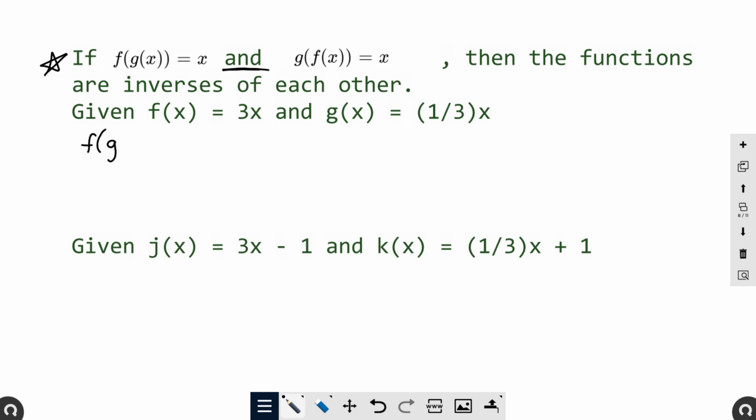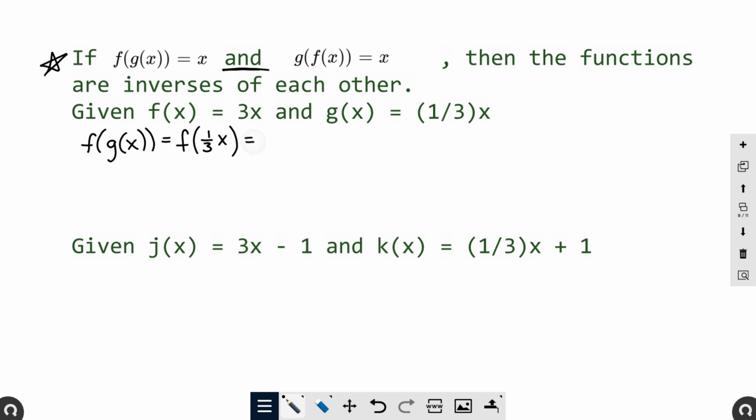So f of g of x. Now, we know what g of x equals. What is g of x? So I'm really going to find f of 1/3 x. That means I'm going to take 1/3 x and plug it into where x is in the f equation.